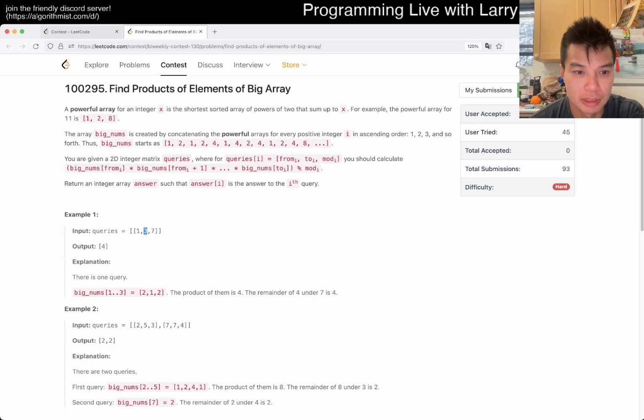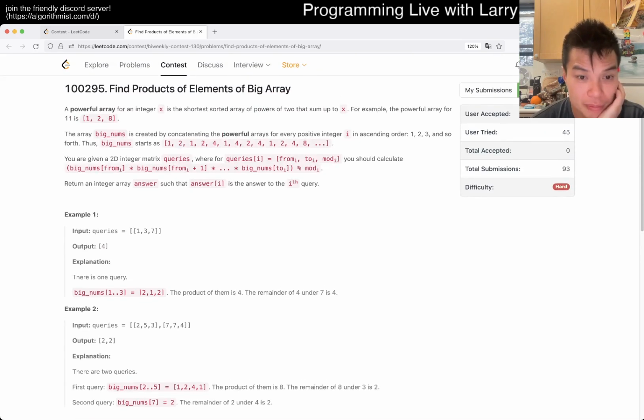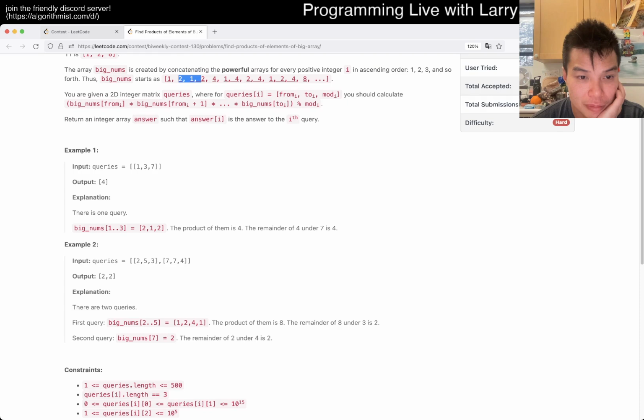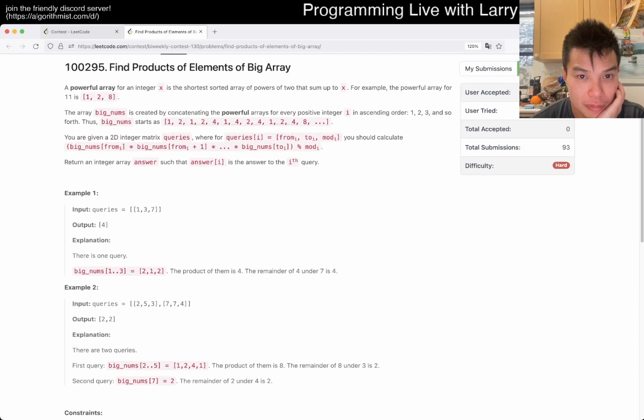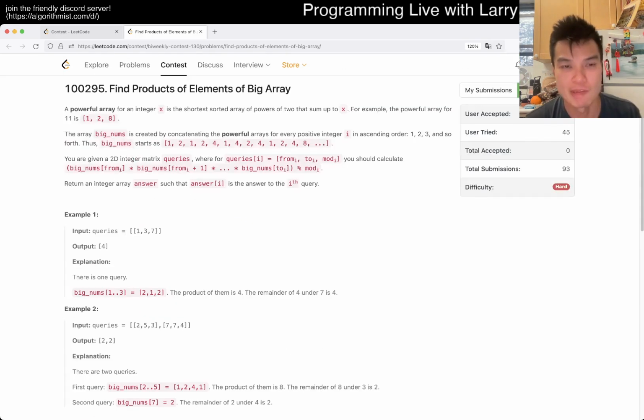So 3. They don't even tell you that this is 0 indexed, even though they should. Because 1 to 3 is these chunks, so that's 0 indexed. Alright, fine. So 10 to the 15, okay. Oh, no one's gotten it?